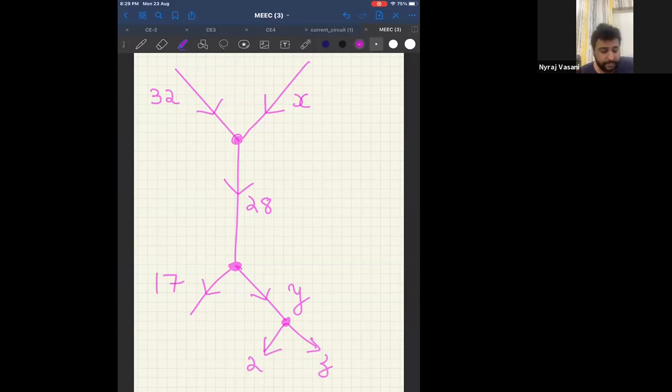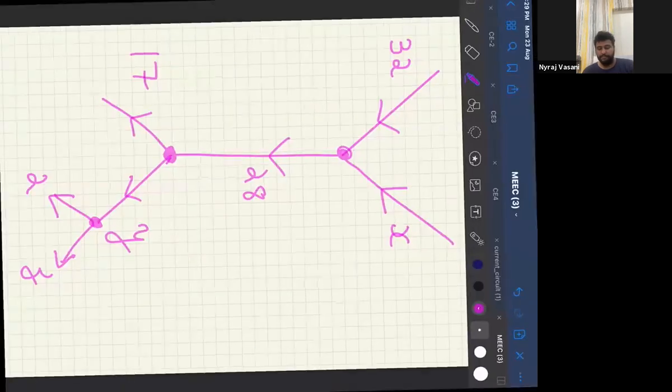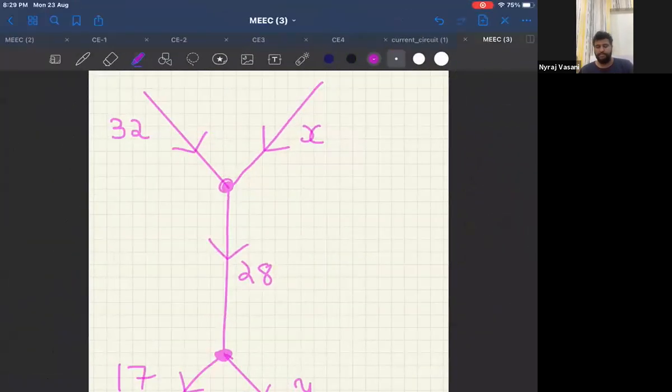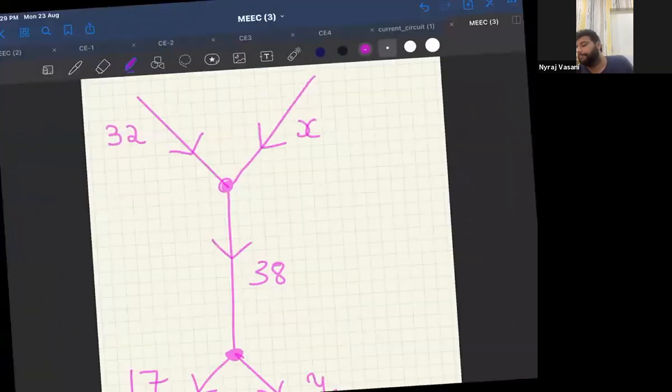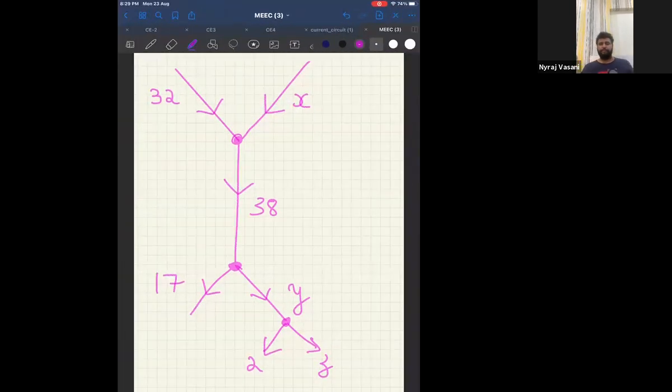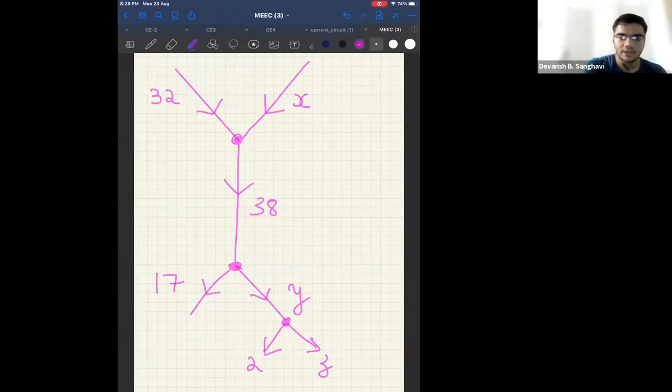Find X, Y, and Z. So that's 2, right? At the end. At the Y junction, it is 2.